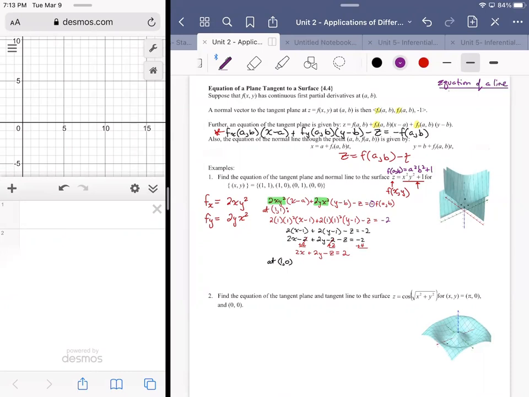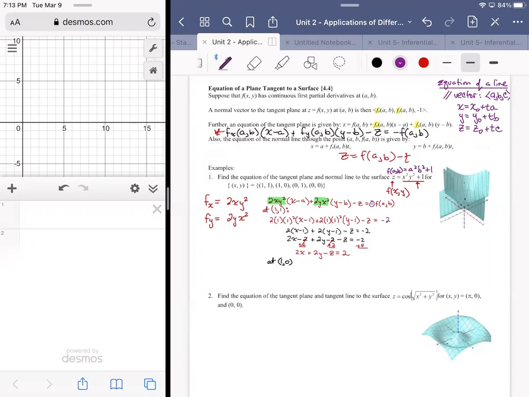You have the parallel vector, which is a, b, c. And so x is equal to some starting point that we call x sub o plus t a, y is equal to y sub o plus t b, and z is equal to z sub o plus t c.